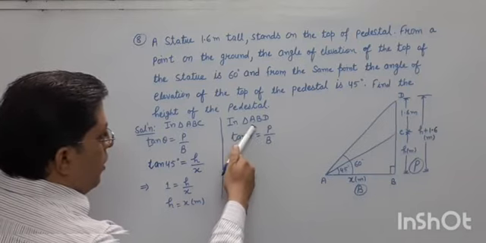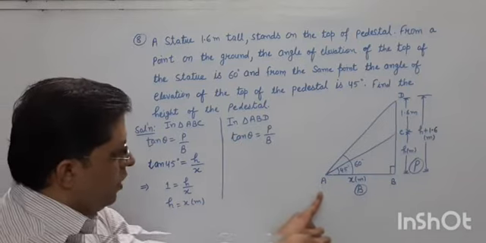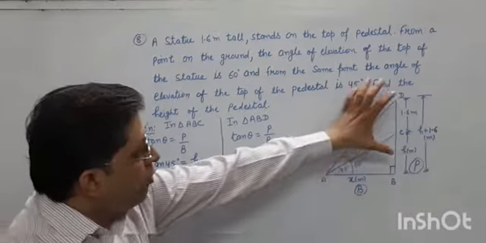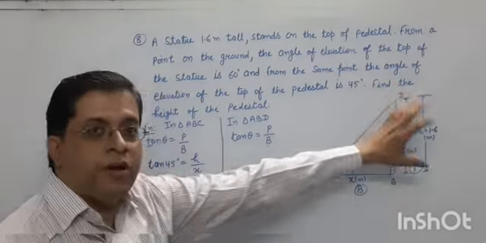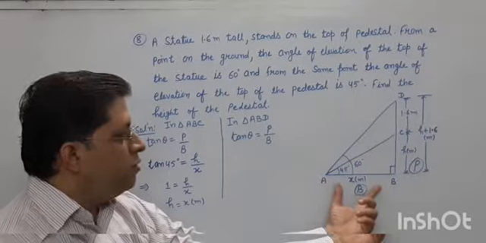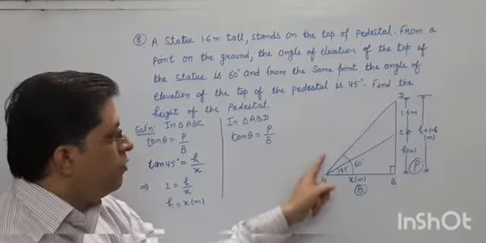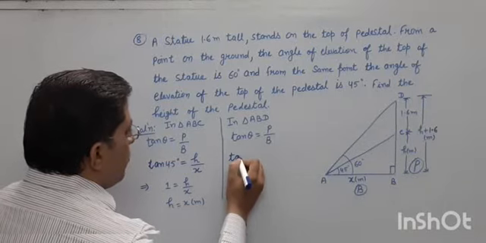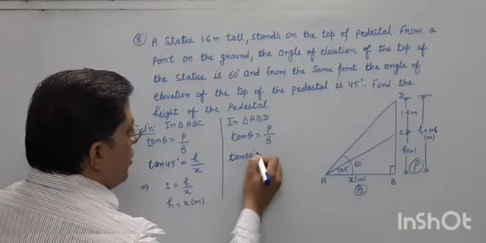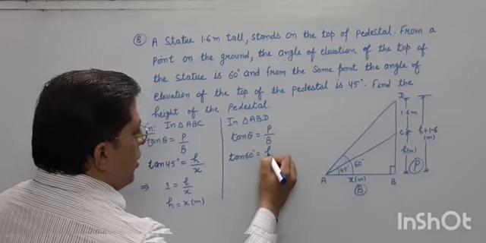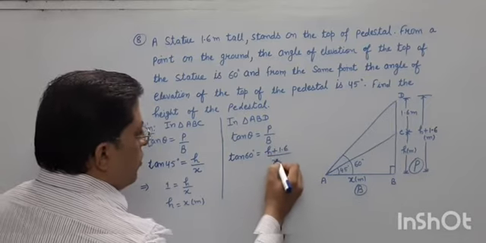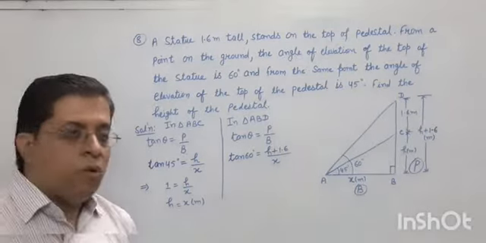In triangle ABD, the perpendicular is h plus 1.6 and the base is x. The angle is 60 degree. So tan 60 degree is h plus 1.6 upon x.